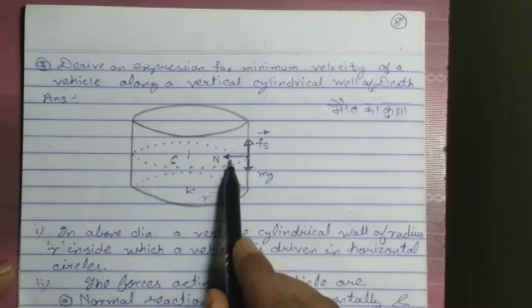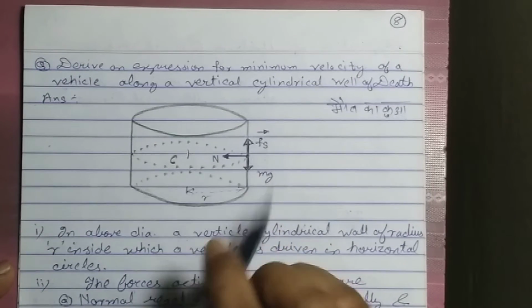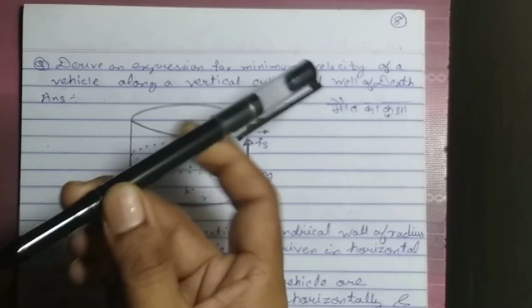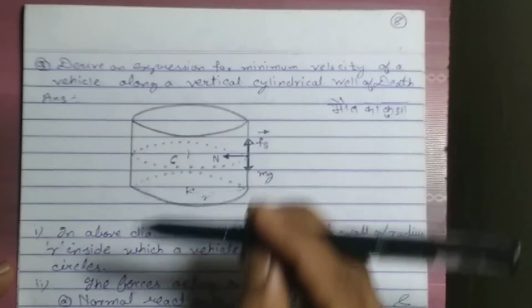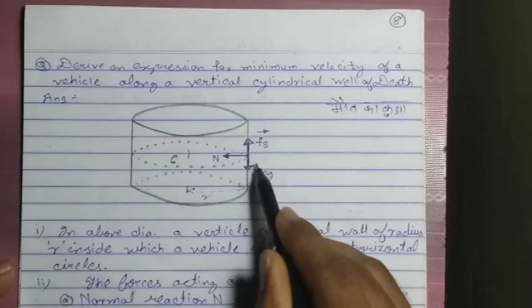Now that vehicle should be balanced. So we observe that when the vehicle is traveling along the vertical cylindrical wall, it is horizontal, but its own weight is always in downward direction. So its mg is own weight.